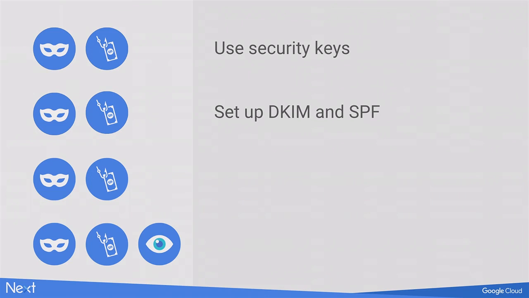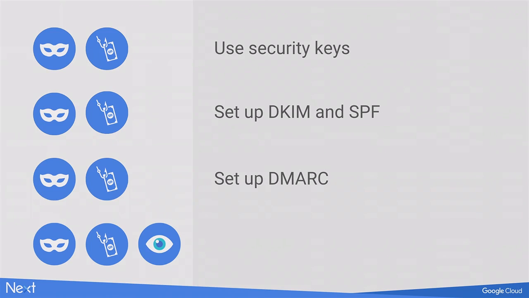And remember, DKIM and SPF are used to authenticate your email. You basically tell the world, these are the servers that are allowed to send email on my behalf, and this is how I sign email messages to authenticate that these really came from me.